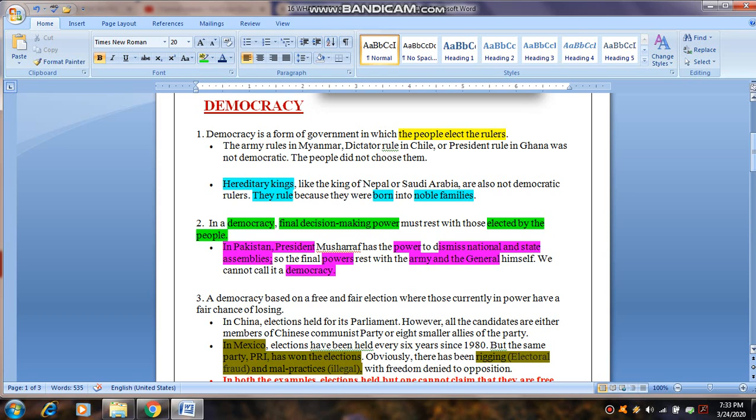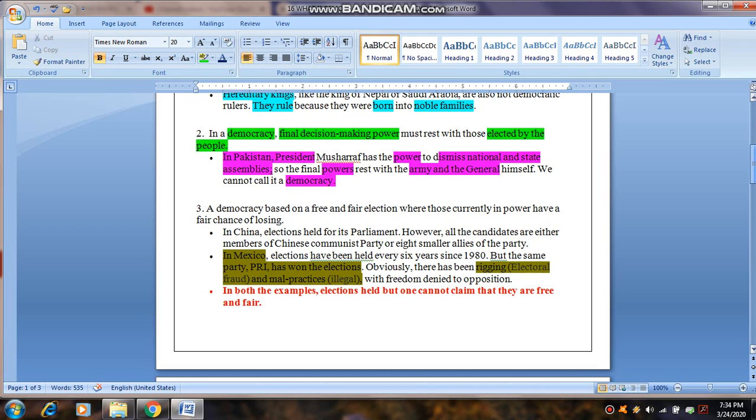But in that part of the chapter, we studied that in many countries like Pakistan, Mexico, China, they organize elections from time to time. But anyhow, we cannot say those elections are fair and free.